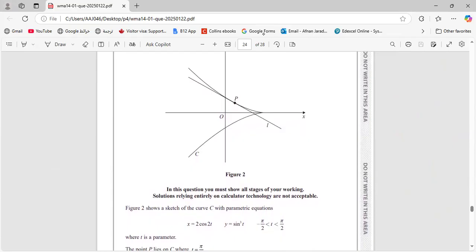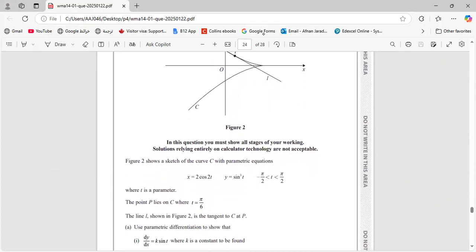Figure 2 shows a sketch of the curve with parametric equations x equals 2 cosine 2t and y equals sine cubed t, where negative pi over 2 is less than t less than pi over 2, where t is a parameter. The point P lies on C, where t equals pi over 6. If you have t equals what, you can find x and y by substituting t in these equations. The line L shown in figure 2 is the tangent to C at P.